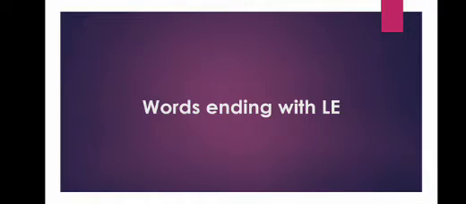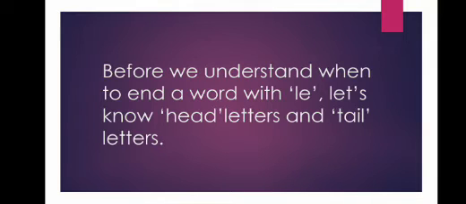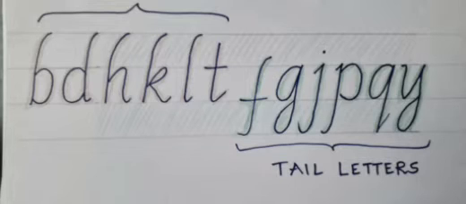Let's begin with words ending with LE. Before we understand when to end a word with LE, let's know about head letters and tail letters. Look at the letters B, D, H, K, L, T. These are called head letters. F, G, J, P, Q, Y. These are called tail letters.